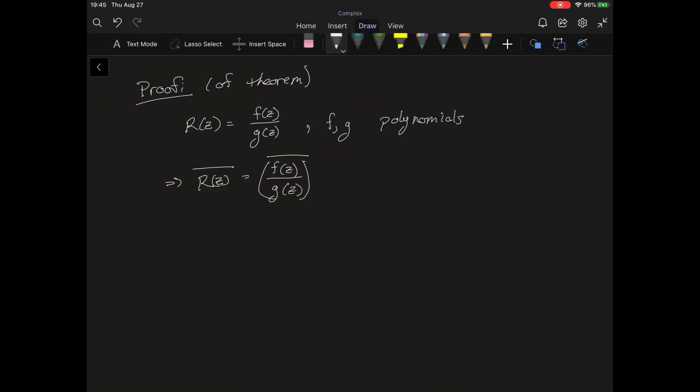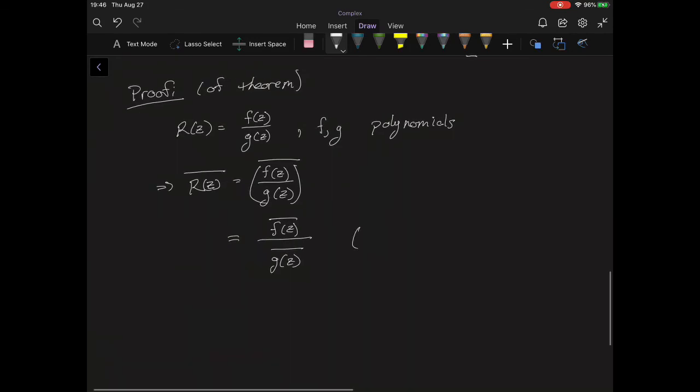And since f and g are both polynomials, we have that this is equal to f of z bar over g of z bar, and that's from the lemma that we just proved. And by definition of r, that is equal to r of z bar.